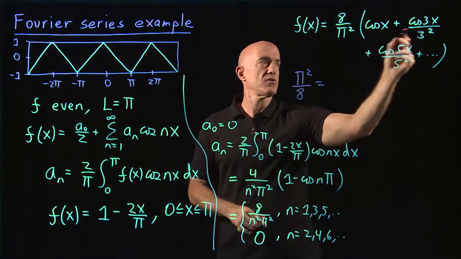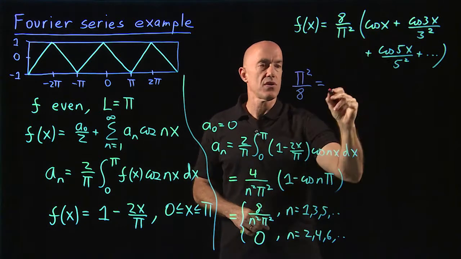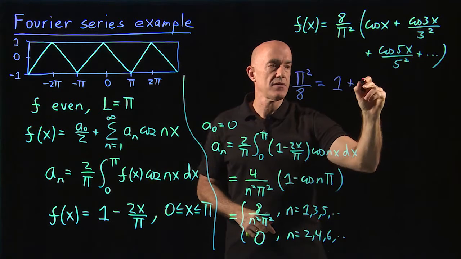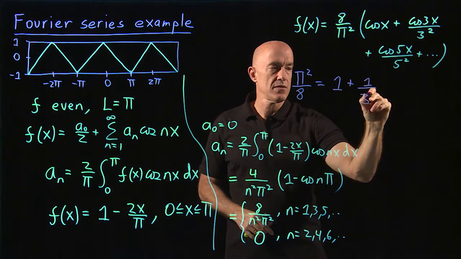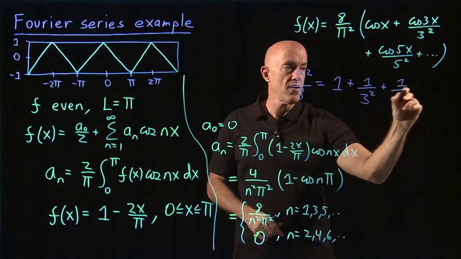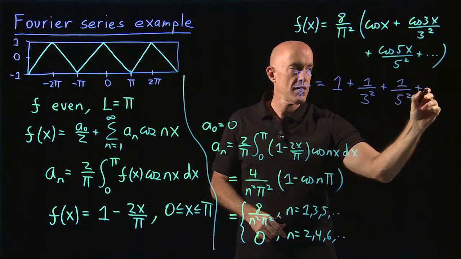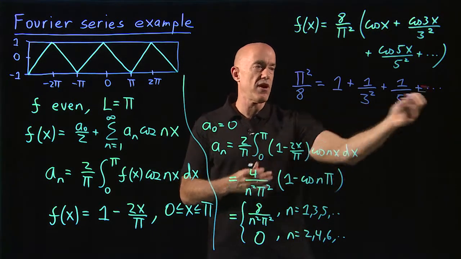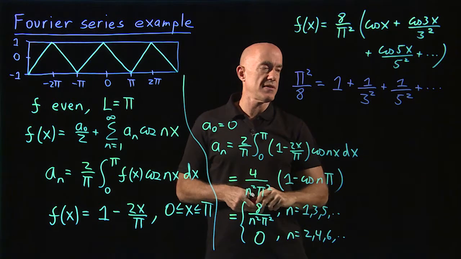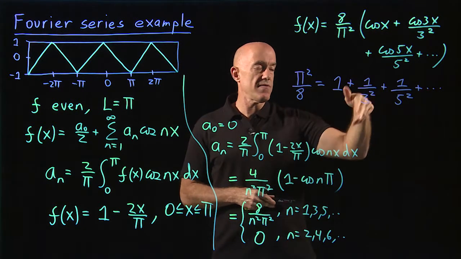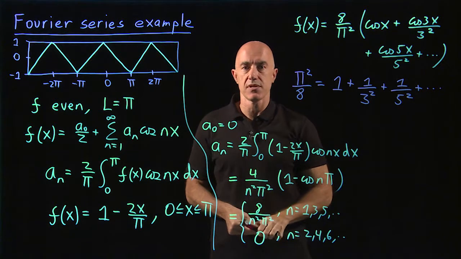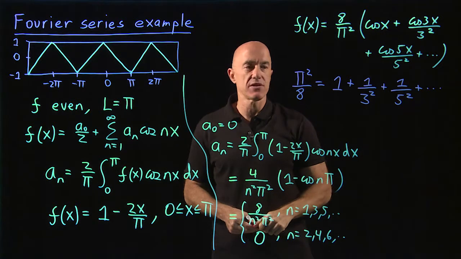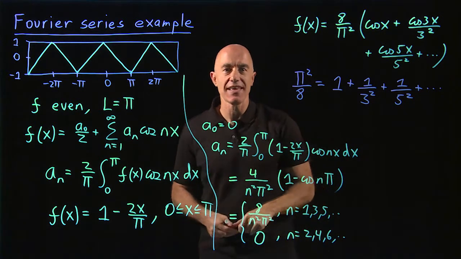And what is that equal to when x is equal to 0? Cosine 0 is 1. Cosine 0 again, so 1 over 3 squared plus 1 over 5 squared, etc. So we get an expression for pi squared over 8 in terms of the sum of the inverses of the odd numbers squared. Quite a remarkable mathematical expression if you like this type of thing.